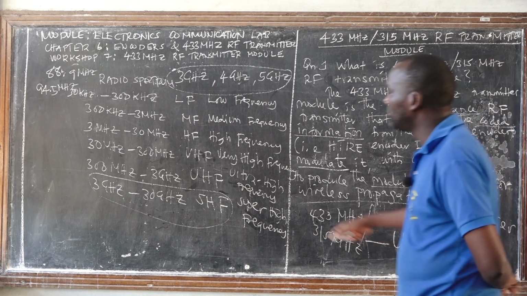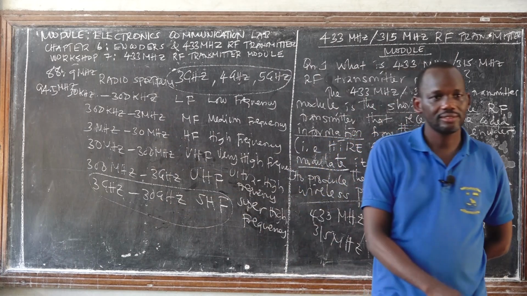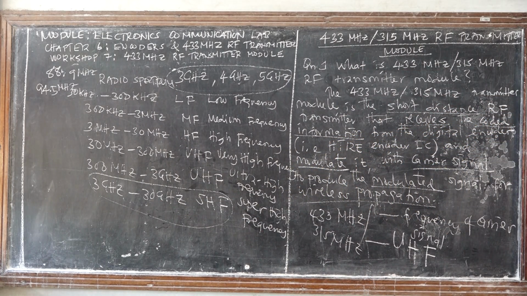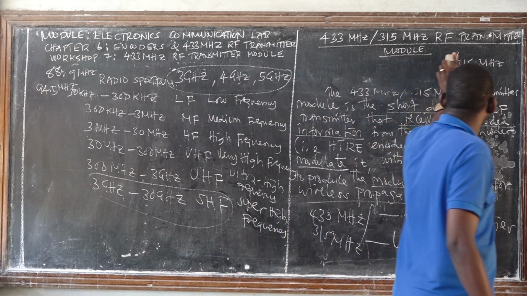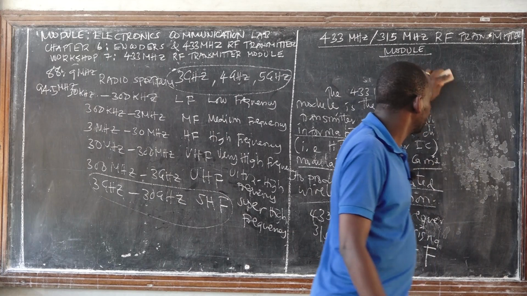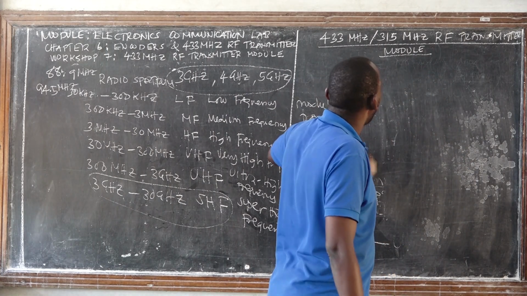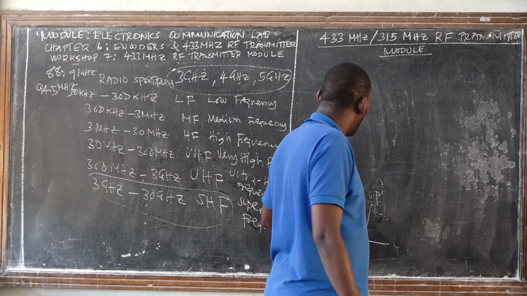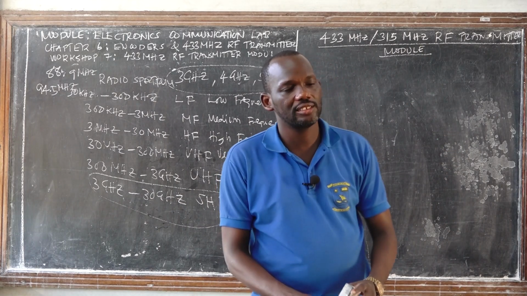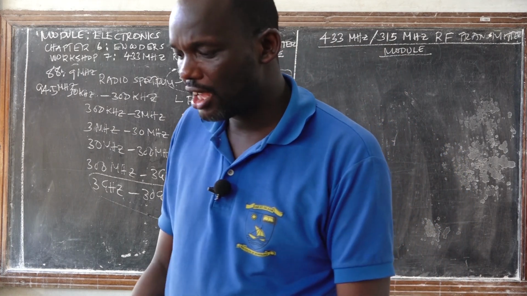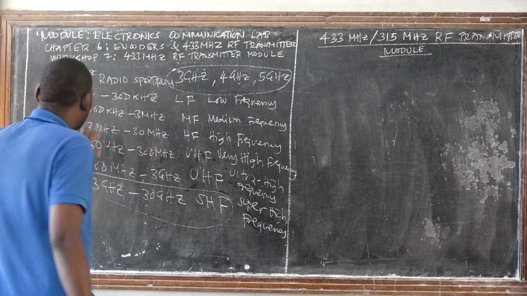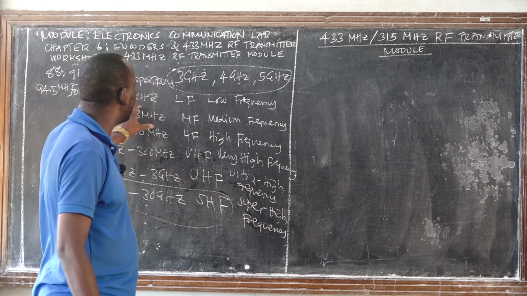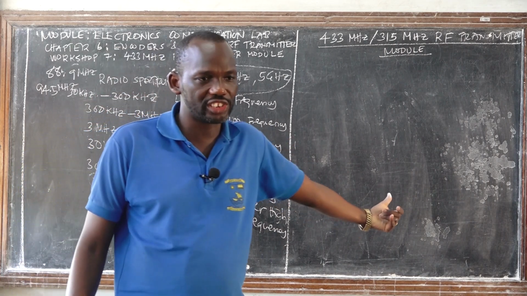How about the MF and LF? So expect that most of the telecommunication transceivers you are going to learn from this first year to your last year will be operating within one of the frequency boundaries in the radio spectrum.